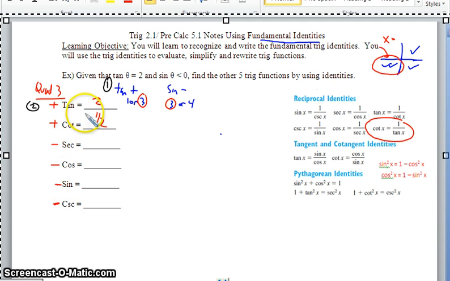Okay, so now, given the fact that I only know tangent and cotangent, I need to find these 4 identities. So if I go over here, let's try to pick an identity that has a tangent in it and one of these other identities. Right away, I'm drawn to this one right here. 1 plus the tangent squared of x is equal to the secant squared. So I'm going to use that one.